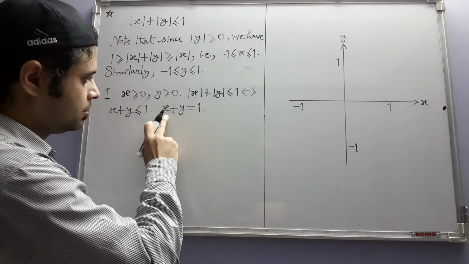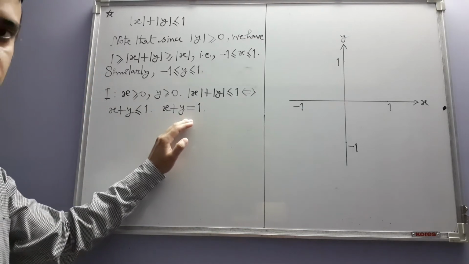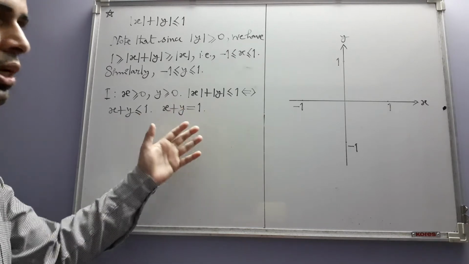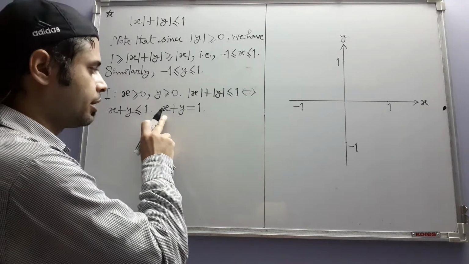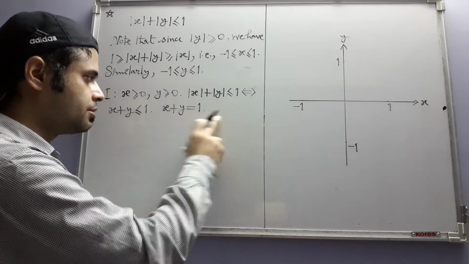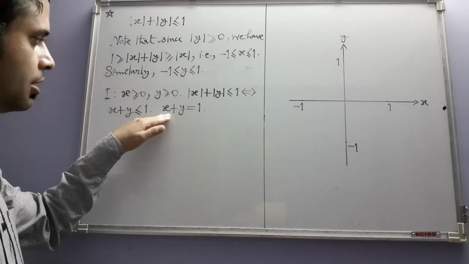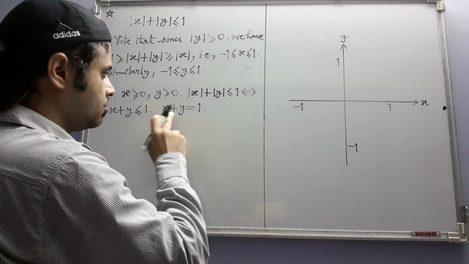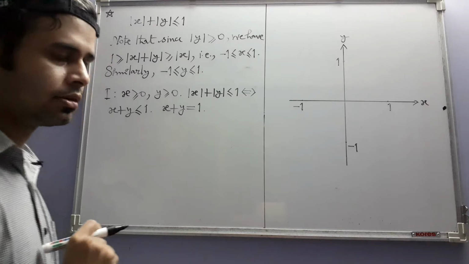Now from our previous experience with graph drawing of equations, which we have already got in school, we know that the graphs of this type of equations are straight lines, and that's why they are called linear equations. To determine the straight line, you just need to know 2 points on this graph.